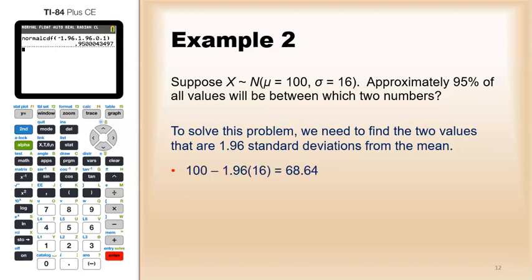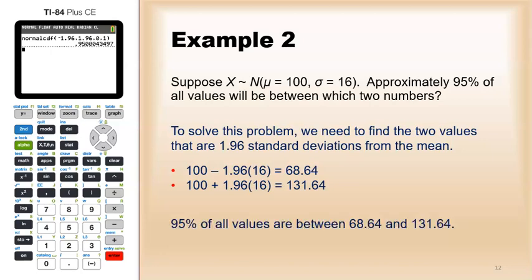So 100 minus 1.96 times 16 is 68.64. The mean of 100 plus 1.96 times the standard deviation of 16 is 131.64. So, assuming we're dealing with a normal distribution, 95% of all values will be between 68.64 and 131.64.